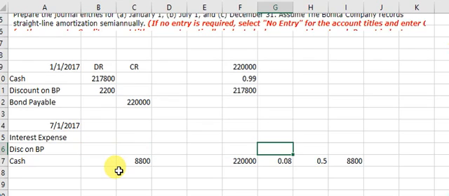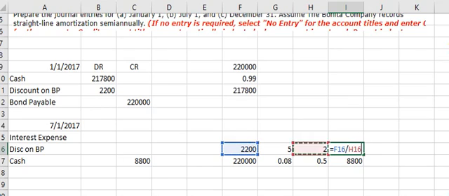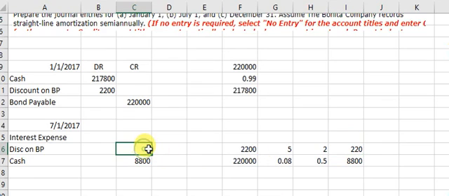So since there are 5 years and 2 payments a year, we're going to take that 2,200 amount that we originally got for our discount on bonds payable, divide it by 5, and divide it by 2, and we'll come up with, per interest period, the amount we're going to reduce that discount on bonds payable.